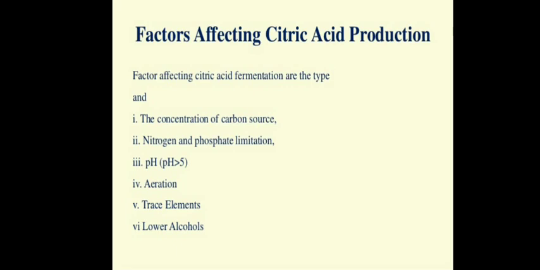Generally, ammonium salts are preferred as a nitrogen source for the citric acid production, and the consumption of these leads to the decrease in the pH, which is a very important point in the citric acid fermentation. As we have seen earlier also, when the citric acid production starts, the pH of the medium starts decreasing.